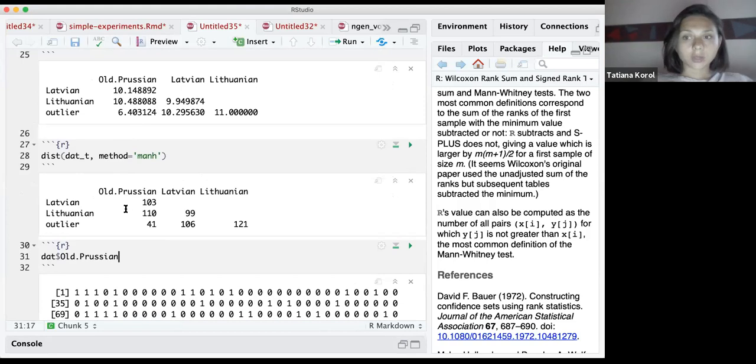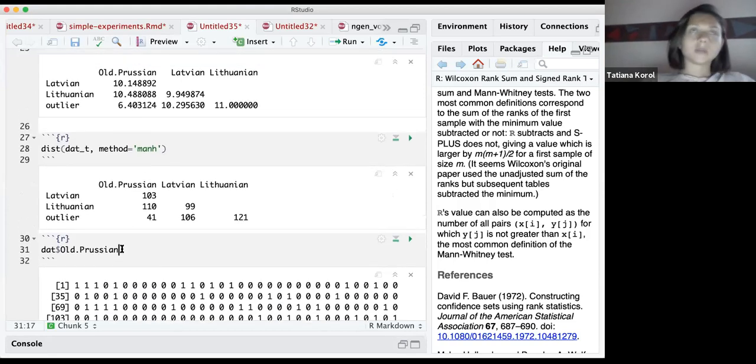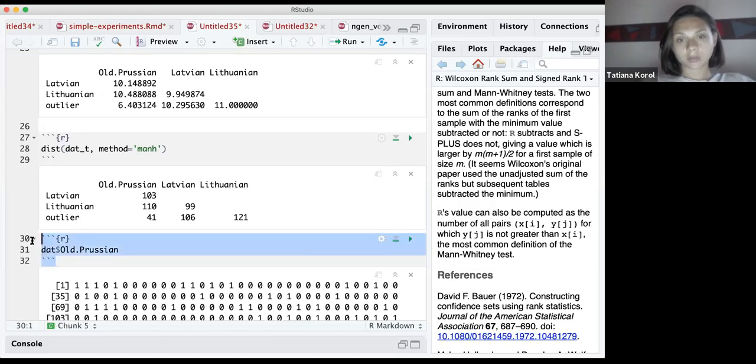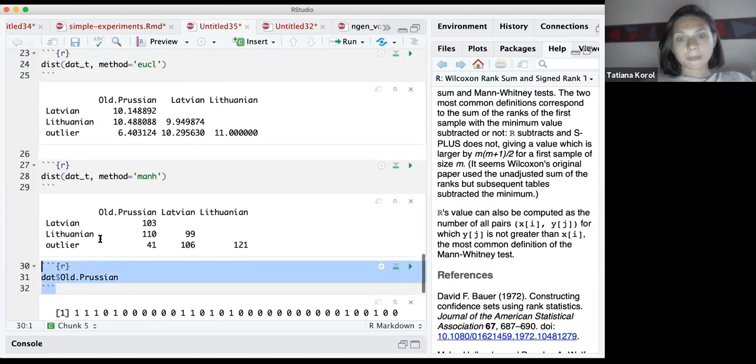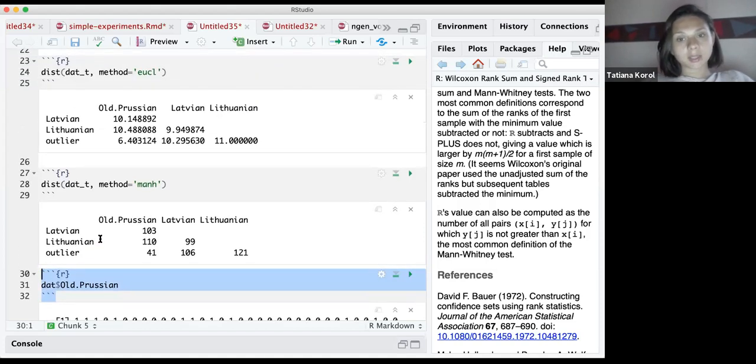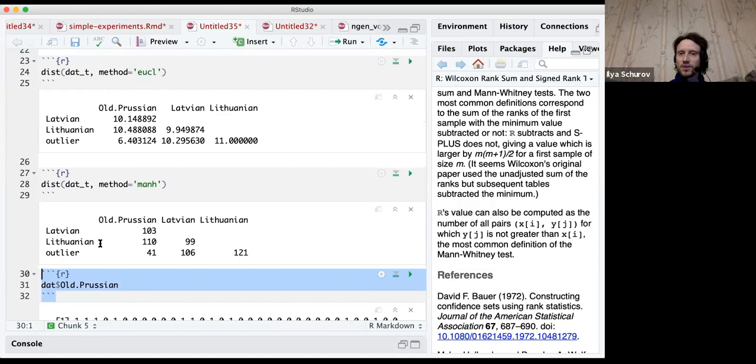My question actually is: if I'm writing an article and choosing the method, how should I decide? Should I use Manhattan or Canberra or something? Are the results going to be the same or not? And if not, how do I choose which one is better? Well, I don't have a universal answer here, as usual. If you don't know, you can just stick with default values, like Euclidean distance.